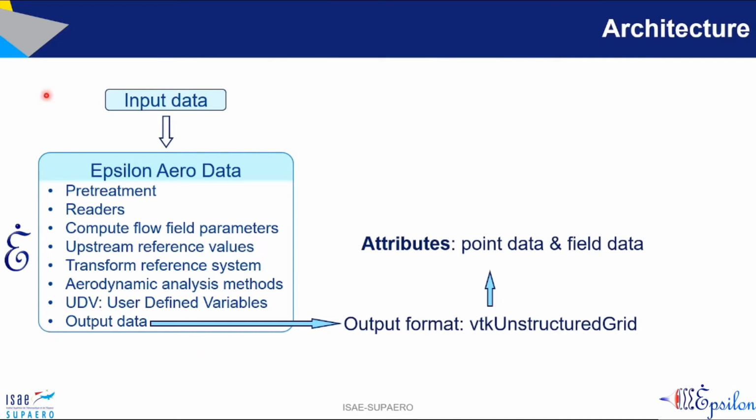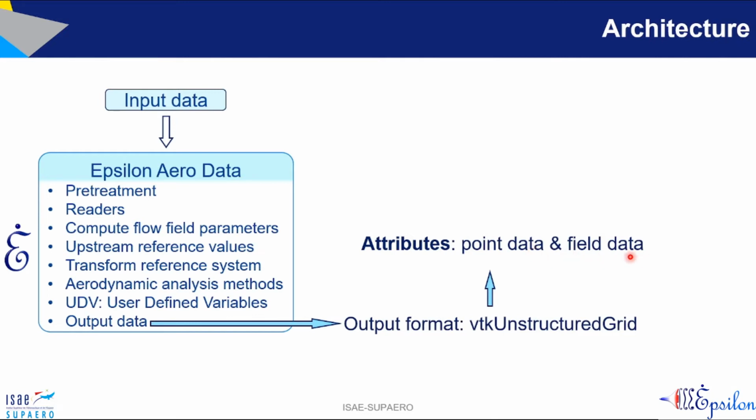The output of this filter, Epsilon Aero Data, will contain two kinds of attributes, point data and field data. Point data is basically what you see on the screen, for example the velocity and pressure at each point of the domain, but you will also have some field data.